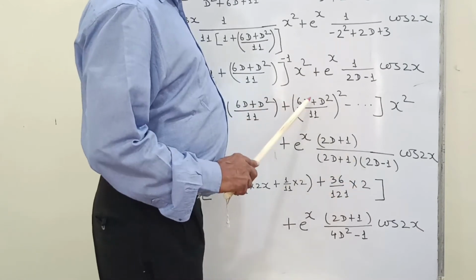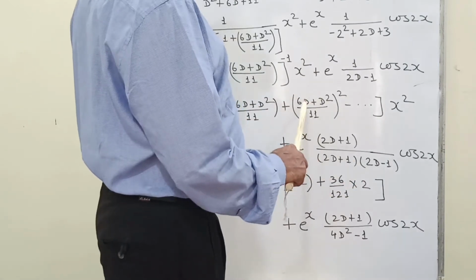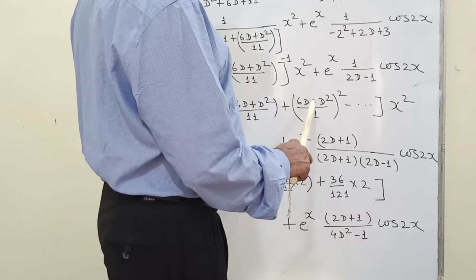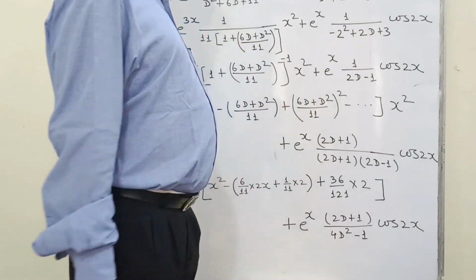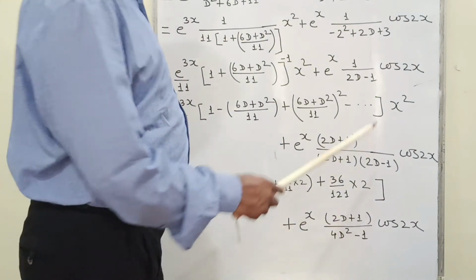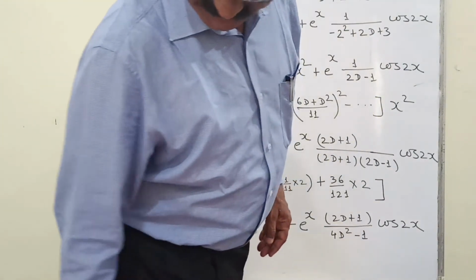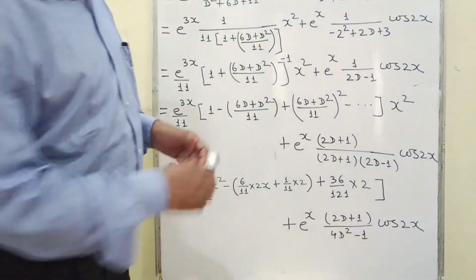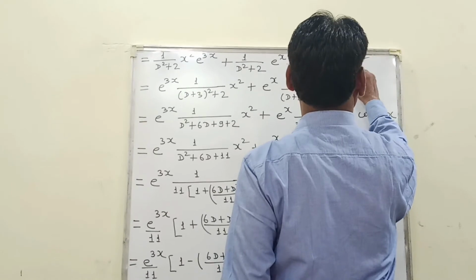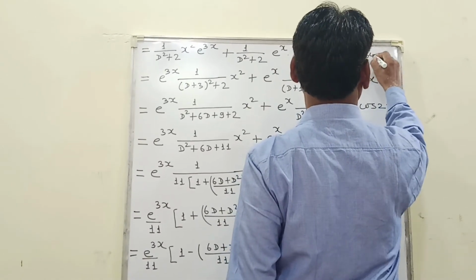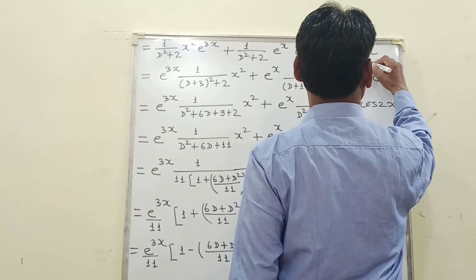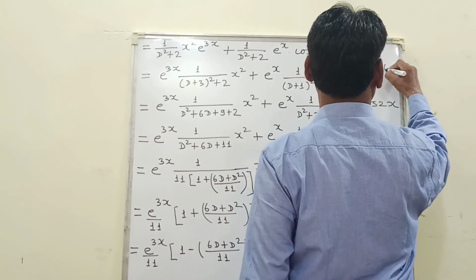Now here, when we expand, 12 D³ divided by 11, we differentiate how many times? Three times, D³ of x². So the first derivative is 2x, the second derivative is 2, and the third derivative is 0.